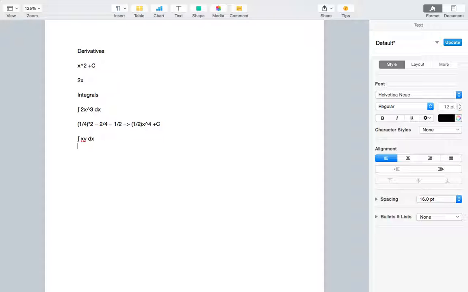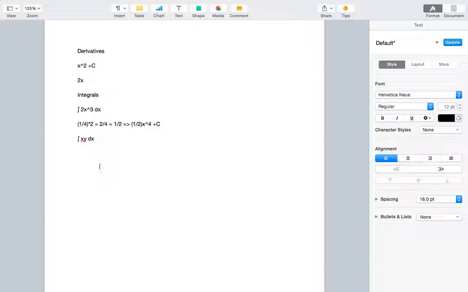Well, this video is just a basic guide, so I'm not going to go all the way into it. I'm just going to tell you that for something like this, you would probably have to use integration by parts when you have 2 variables that are, you know, stuck together by means of multiplication. If it was simple, same thing as the example above. But because it's not, it becomes more complicated.